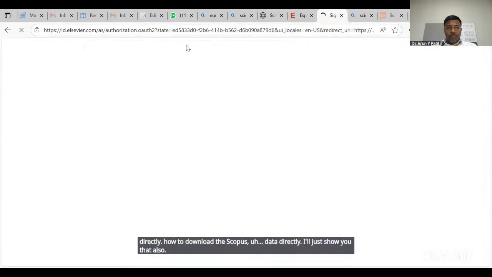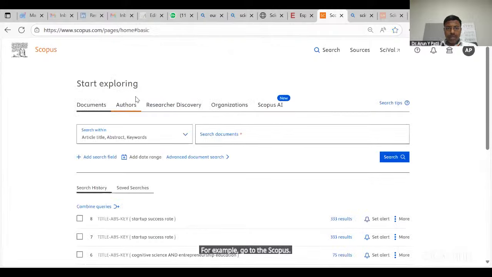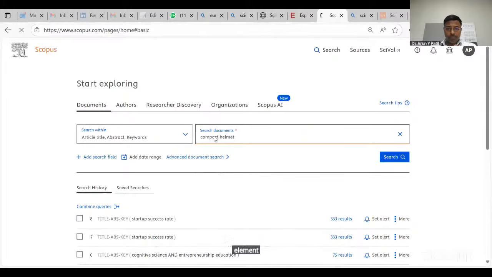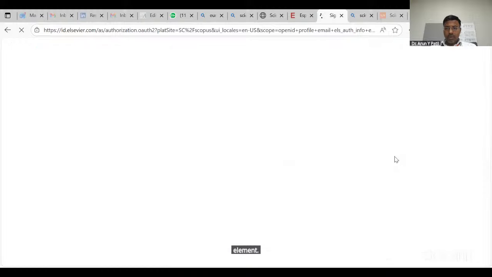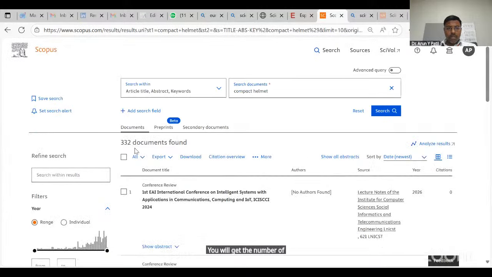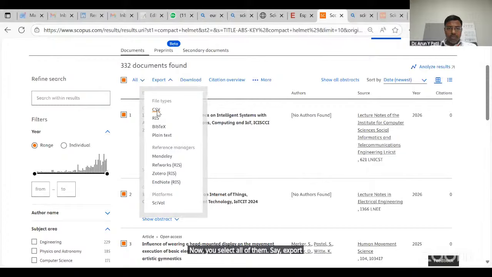For example, go to Scopus and search. In search, you enter the keyword "compact helmet." When you search with this, you will get the number of hits. So it is 332. Now you select all of them and say export CSV file.